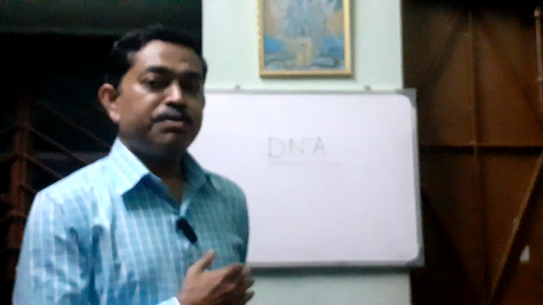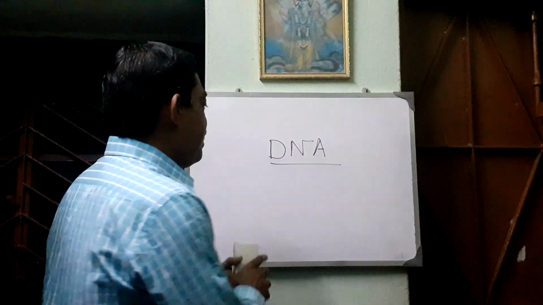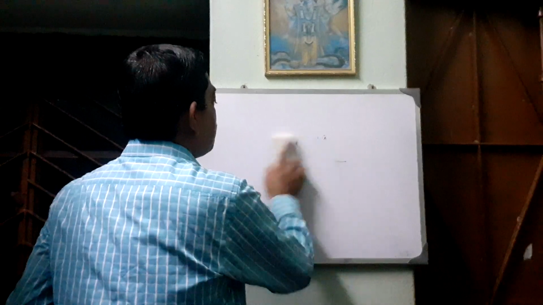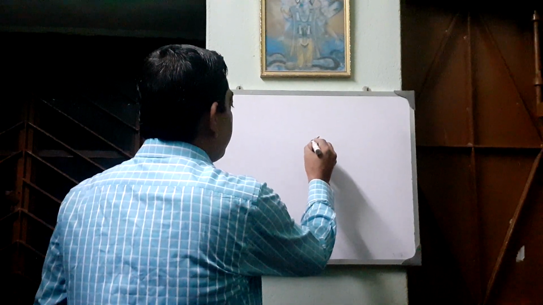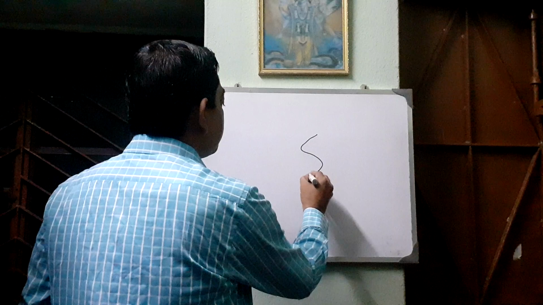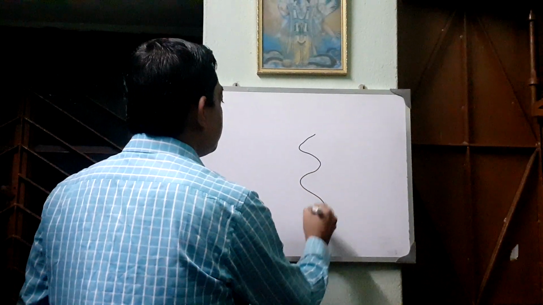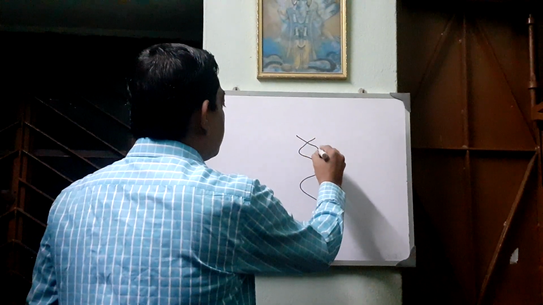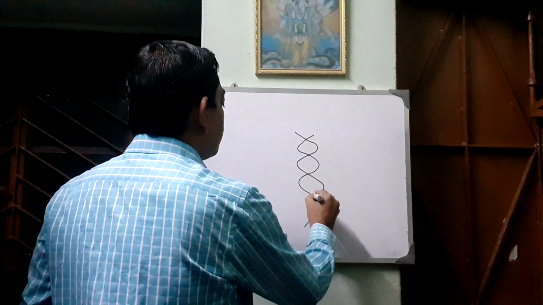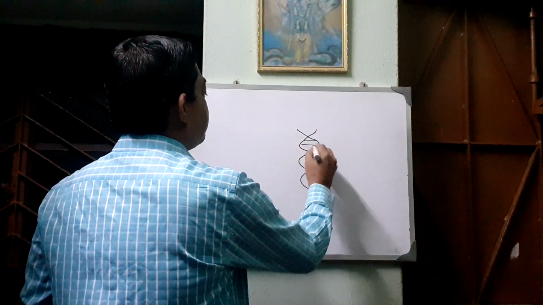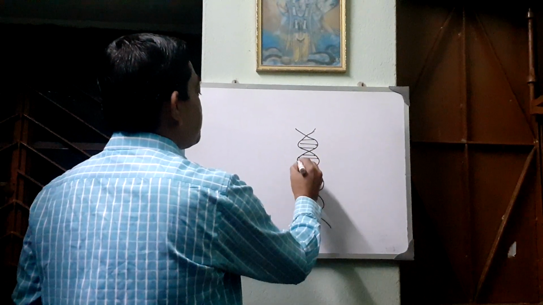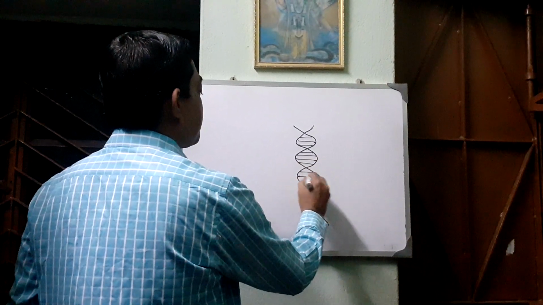Now I am showing you by drawing a diagram how the double helix structure of deoxyribonucleic acid, DNA, looks. It looks almost like that. This is the double helix structure.